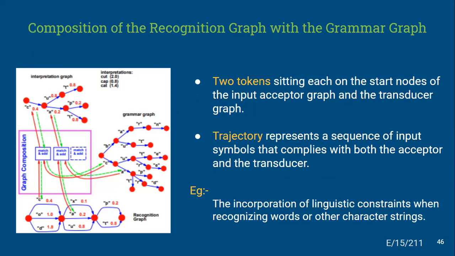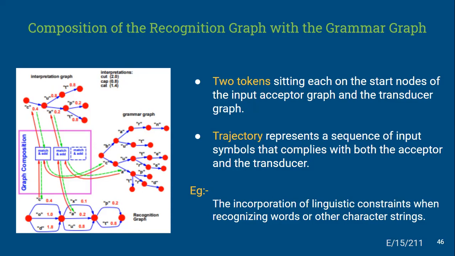Considering an example of the composition of the recognition graph with the grammar graph, the methods check and fprop are used during forward propagation. Gradients are backpropagated with the application of the method bprop.